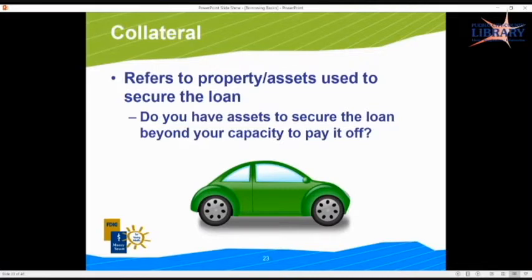What that really means is if you're purchasing a car, for instance, they're obviously going to use that car as security, but the lender doesn't want the car back, I promise. The goal of a loan isn't for them to give a loan to you and then repossess your Honda Civic.